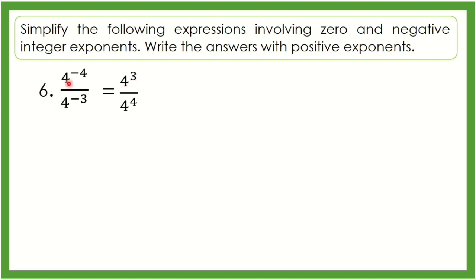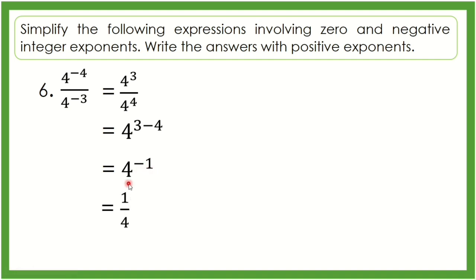Yung 4 raised to negative 4 sa numerator, so mapupunta siya rito sa denominator. Then, apply natin yung quotient rule. Since parehas sila ng base, susubtract natin yung exponent. 3 minus 4. 3 minus 4 is negative 1. So, 4 raised to negative 1. So, di pa to yung ating final answer kasi negative exponent pa siya.